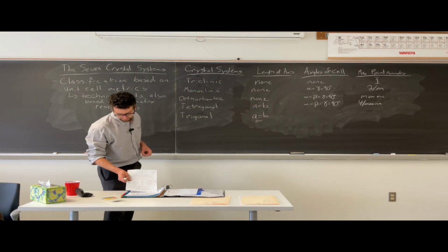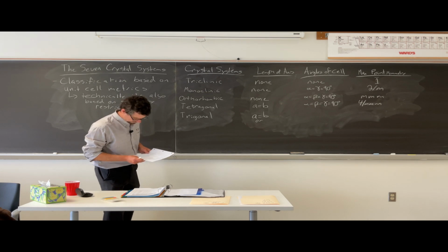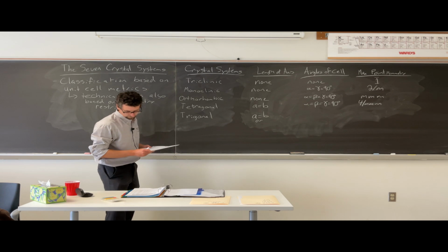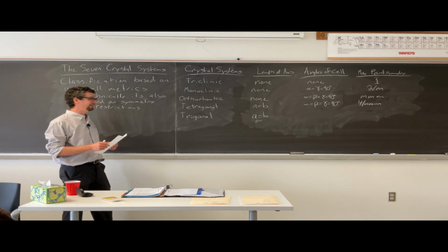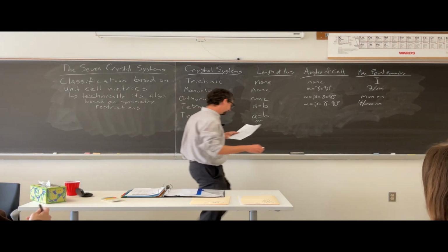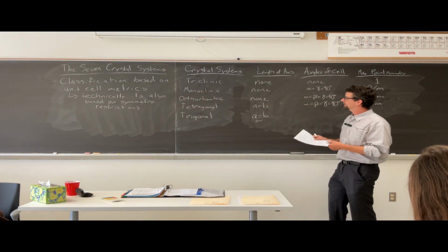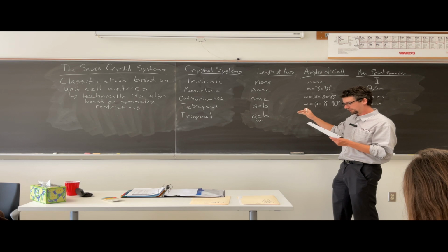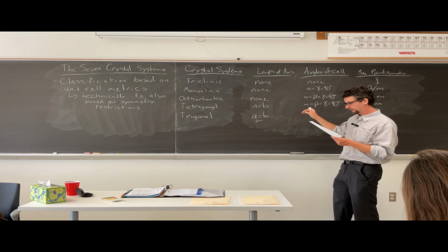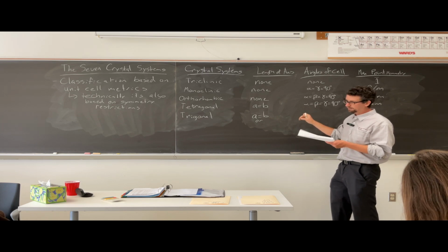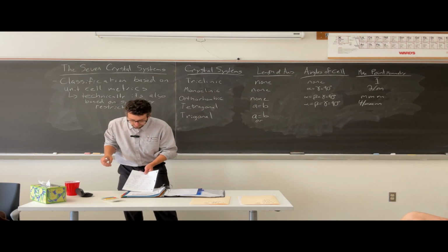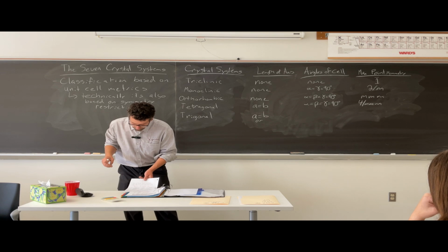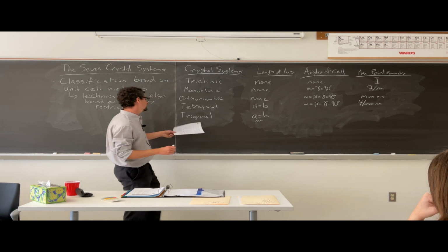Trigonal, you have rhombohedral. All right, we'll have to reconcile that in a little bit, but we won't worry about it right now. Trigonal sometimes gets wrapped into hexagonal, and I think what they're considering, rhombohedral, can actually fall into trigonal.